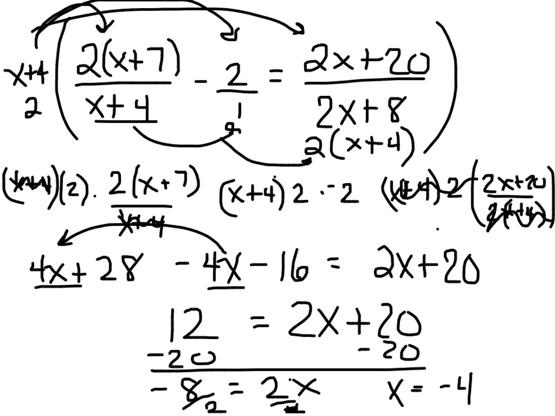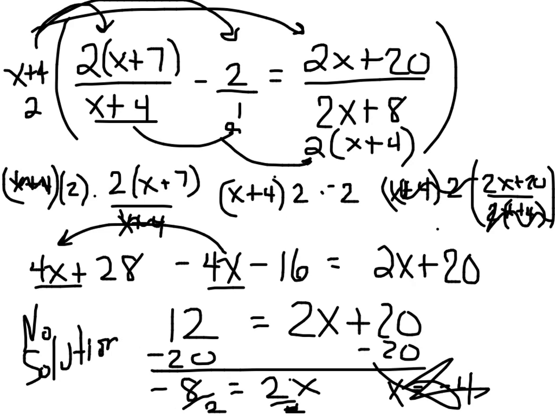Negative 4 plus 4 on the bottom is 0. Or 2 times negative 4 is negative 8, plus 8 is also 0. Not going to happen. What if it's the only answer? No solution, if you don't have anything that works. Again, you're going to have 3 of those.